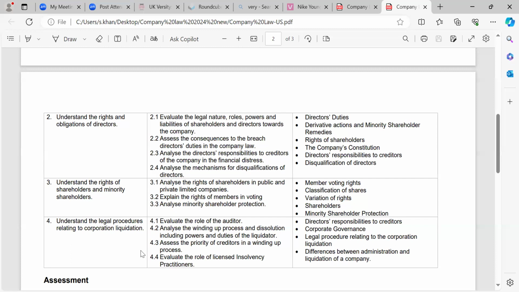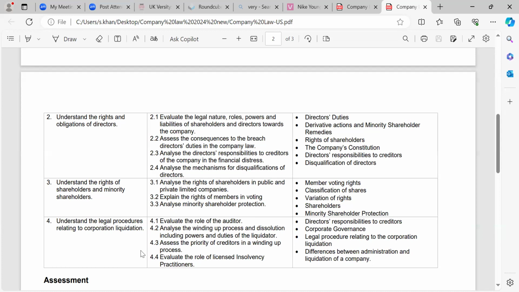We then went on to learning outcome 3, which was to understand the rights of shareholders and minority shareholders. So we looked at 3.1, which is to analyse the rights of shareholders in public and private limited companies. So we looked at the rights of shareholders, firstly, in public limited companies, where they have the transferability of shares.